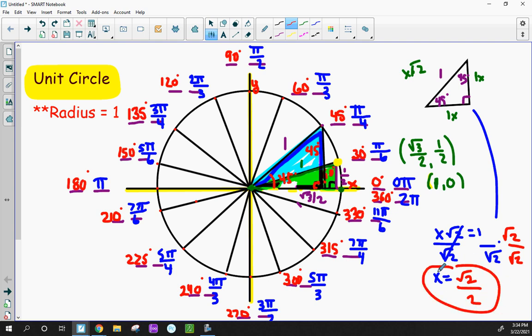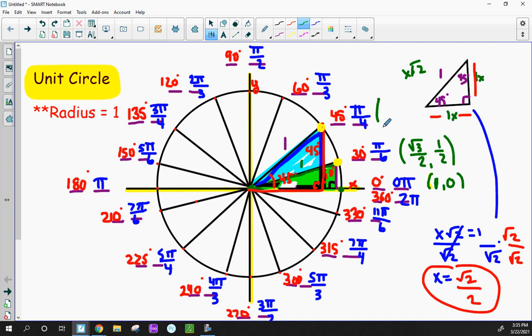So this is the distance here as well as here. They're the same answer. And so if this distance is square root of 2 over 2, and this distance is the square root of 2 over 2, then the ordered pair for this location, follow my color here, that location is going to be right radical 2 over 2, up radical 2 over 2.